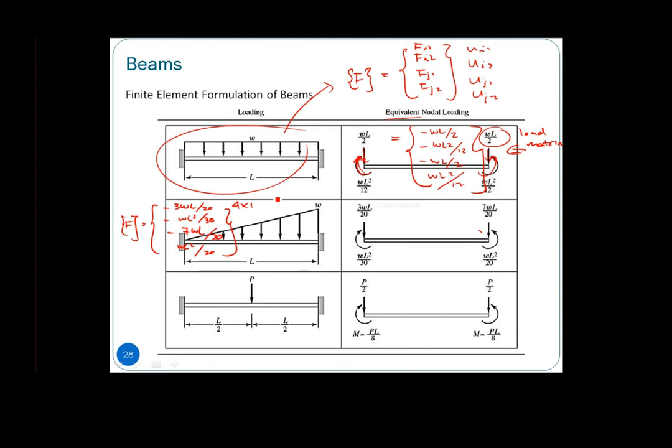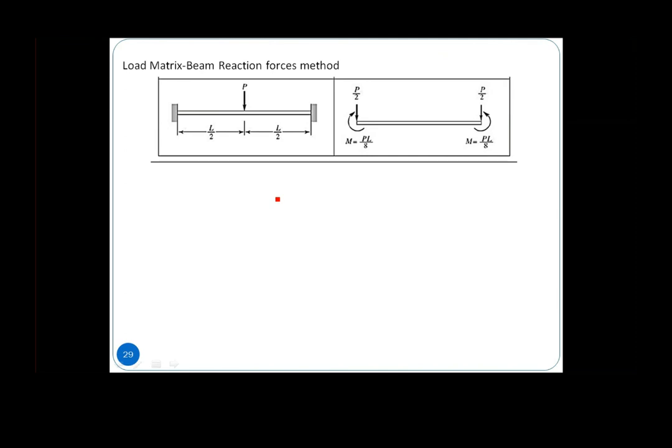All right. If you want to go further, I can show you how to determine this using a reaction force method. If I have this particular point, we have this P, then L over 2, L over 2, then we have R1, and I assume positive bending M1, M2. This one is R1.